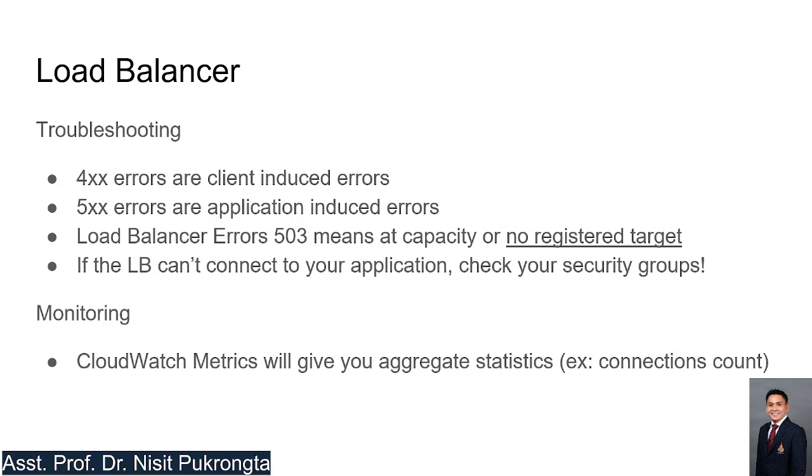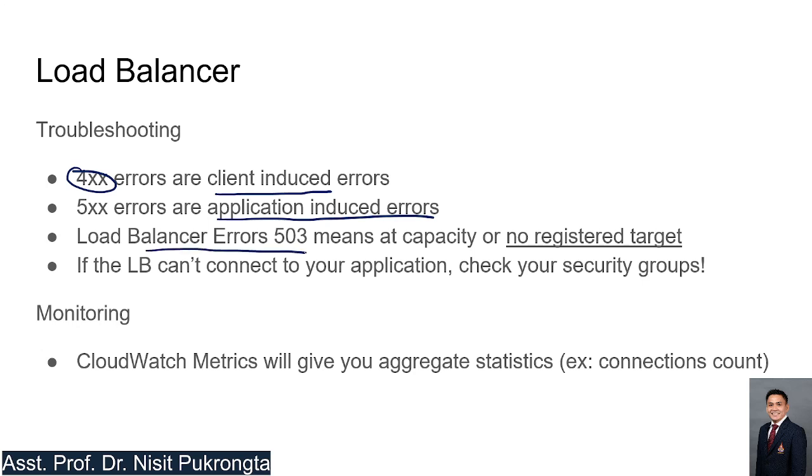This is troubleshooting for the load balancer. When you connect with the browser and you get a numeric code like this, it may indicate a problem. 4XX means a client-induced error. 5XX means an application-induced error.